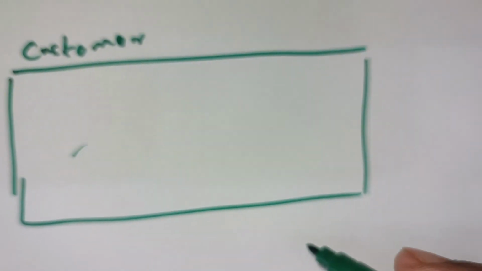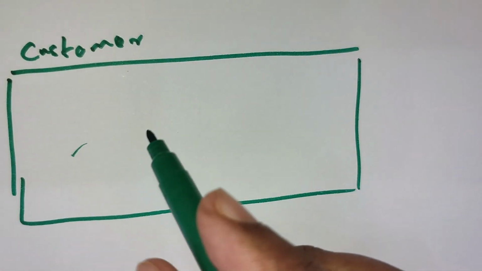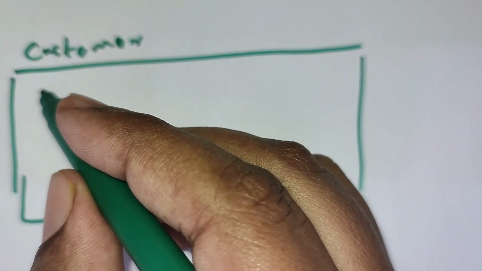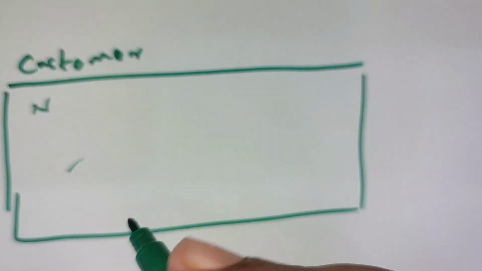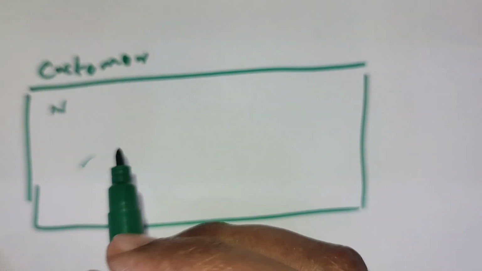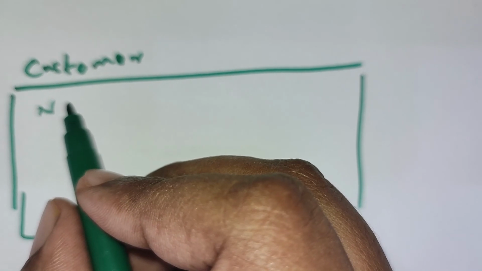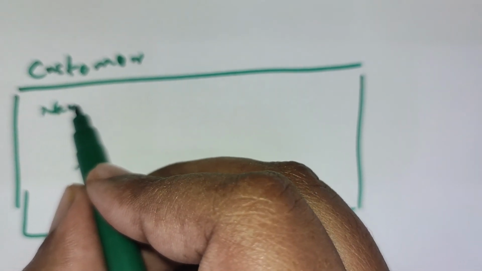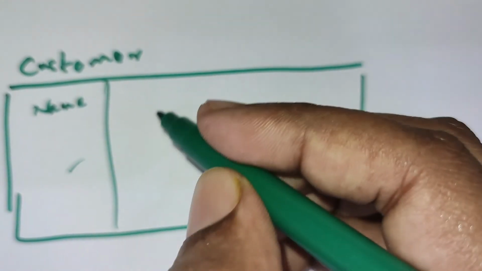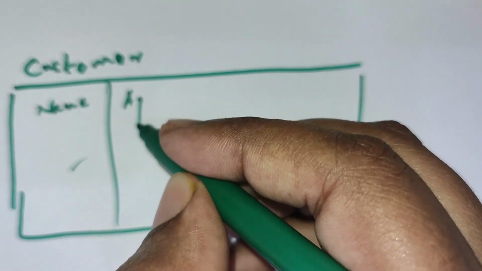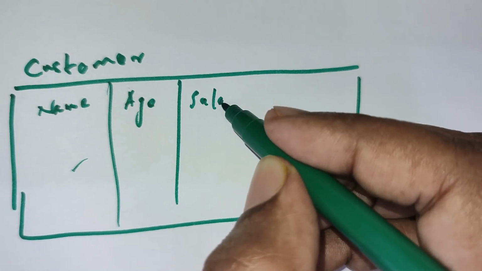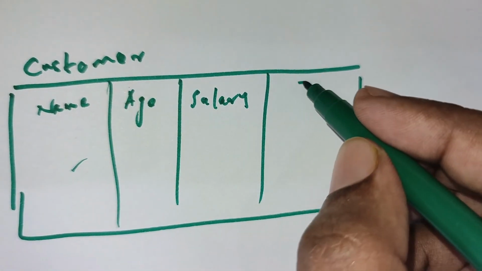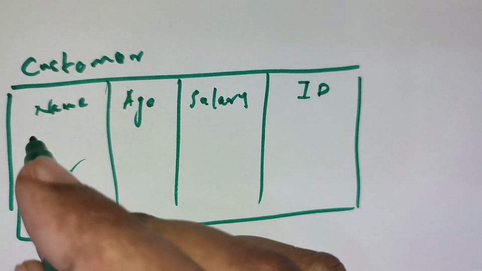The first column we have given is name, then age, salary, and then ID.